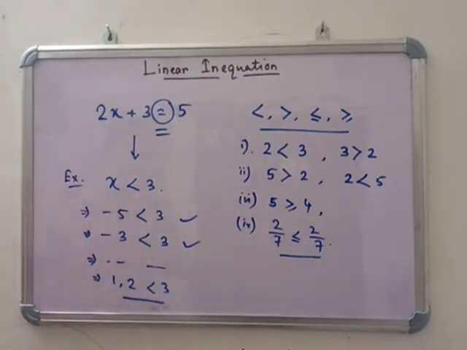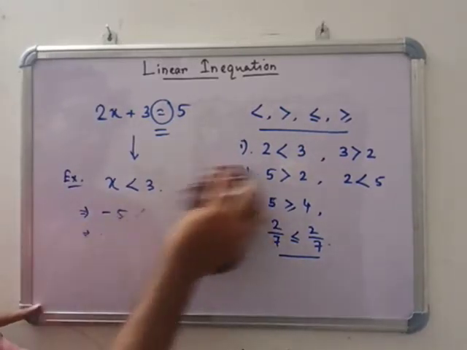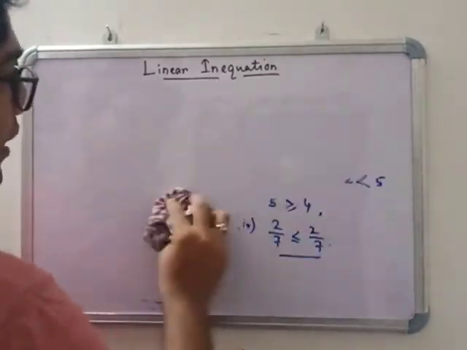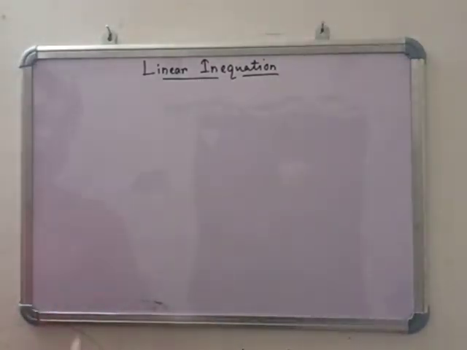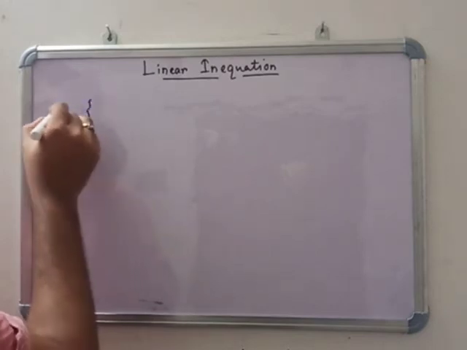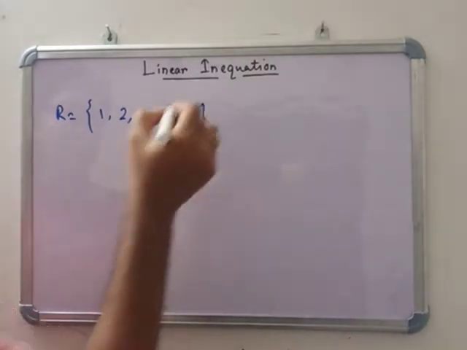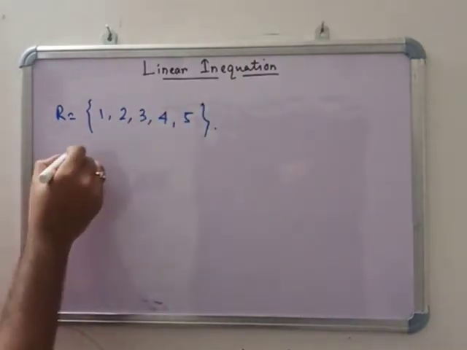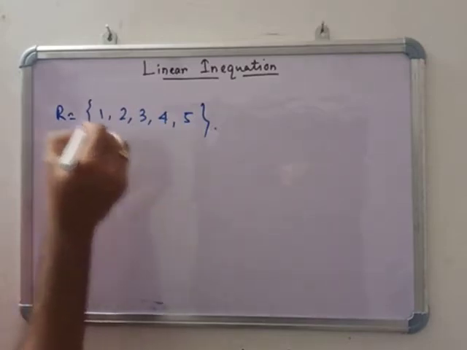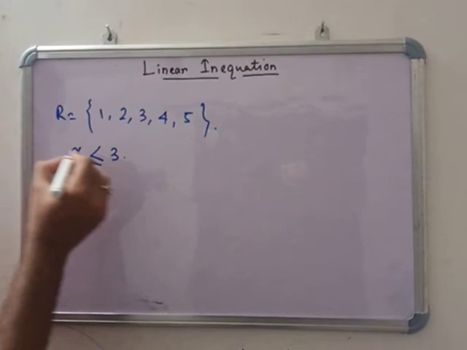So when we are finding the solution set, we use the replacement set. What is the replacement set? Suppose one set is given with a condition. Suppose the replacement set R equals 1, 2, 3, 4, 5. Now the condition is x is less than 3 or less than or equal to 3.